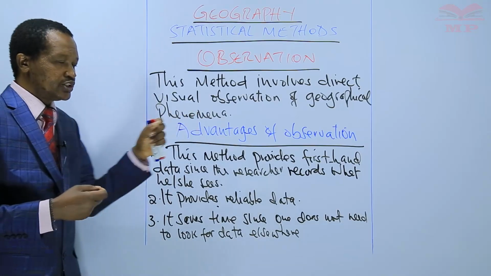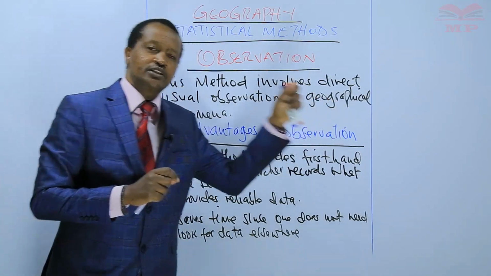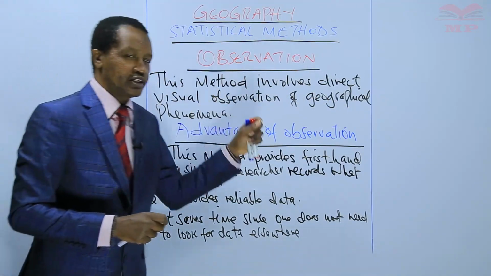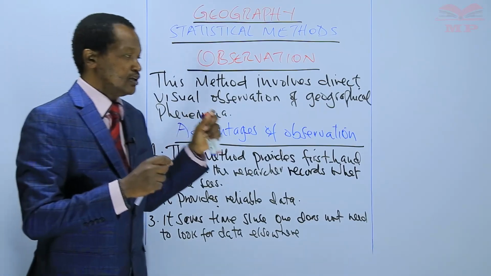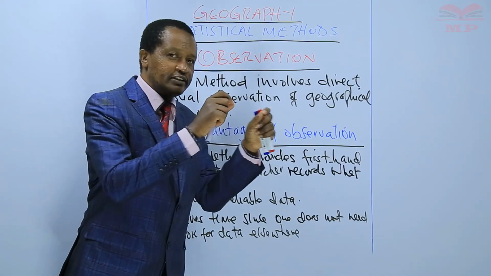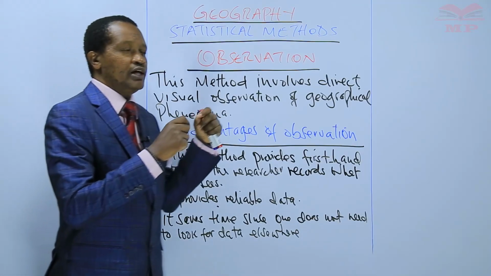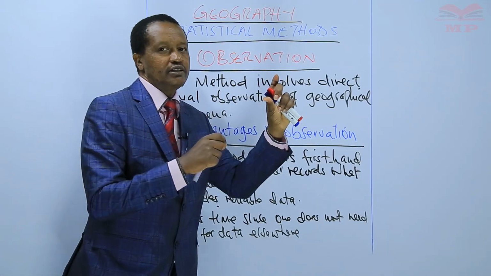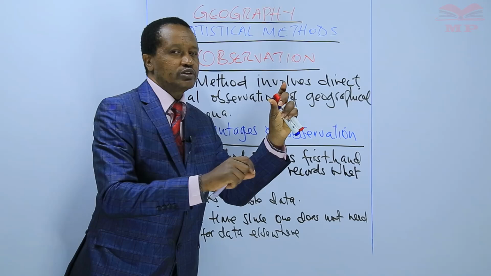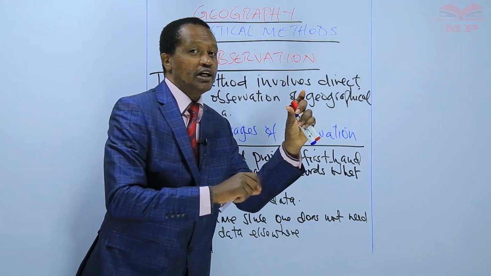The researcher does not need to go looking for data in the libraries, in books, and all that. That saves time because you identify the phenomena you want to study. Then, as you are observing, you take notes of what you actually are looking for.